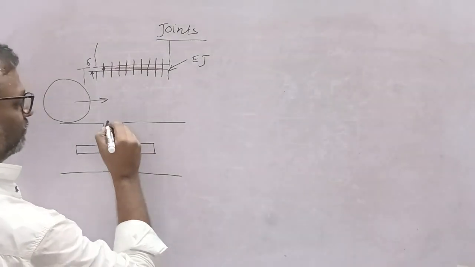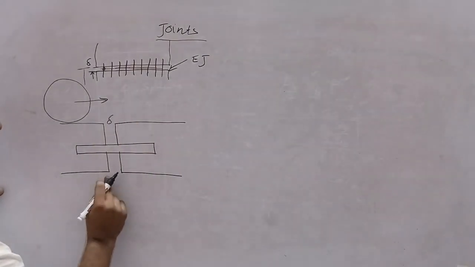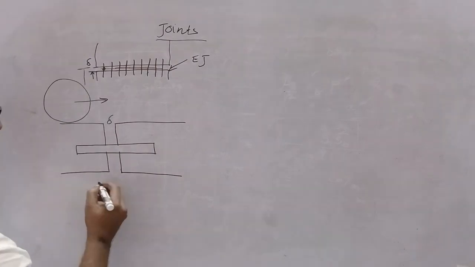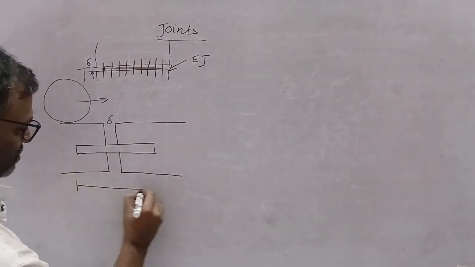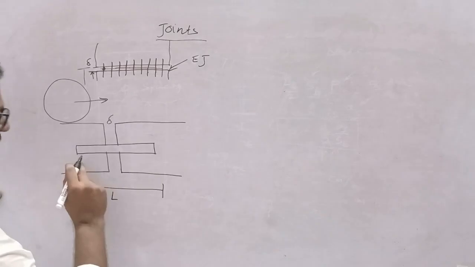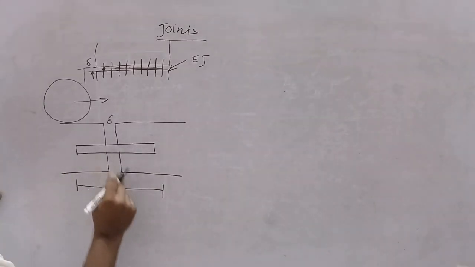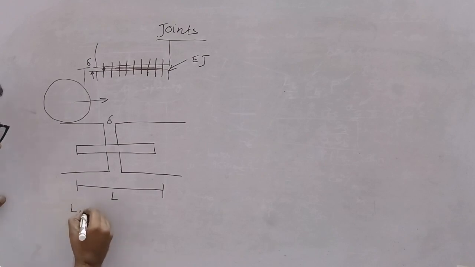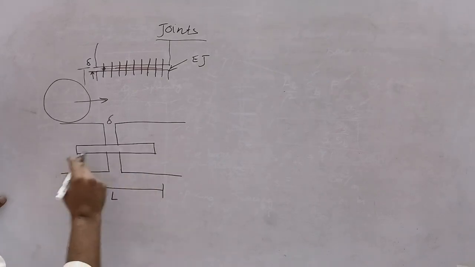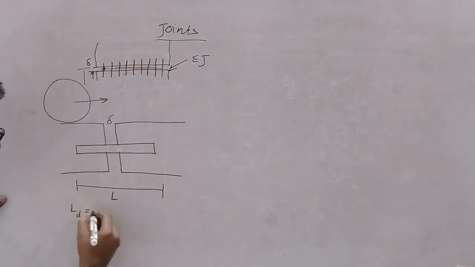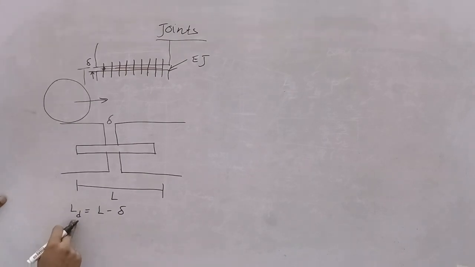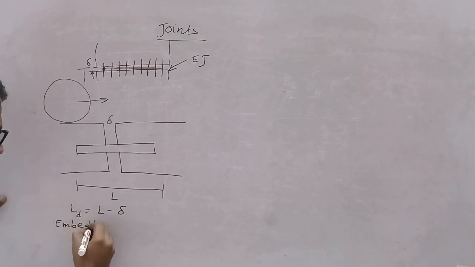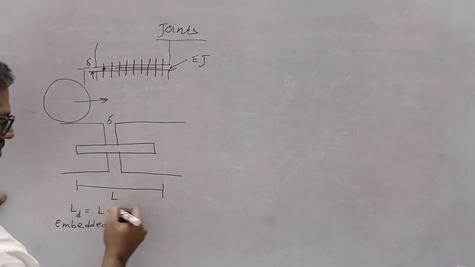Suppose this is delta, that is the expansion joint, and the total length of the dowel bar is L. Then the effective length, that is whatever length is embedded inside the concrete, is L minus delta. This is the embedded length and this is the total length.